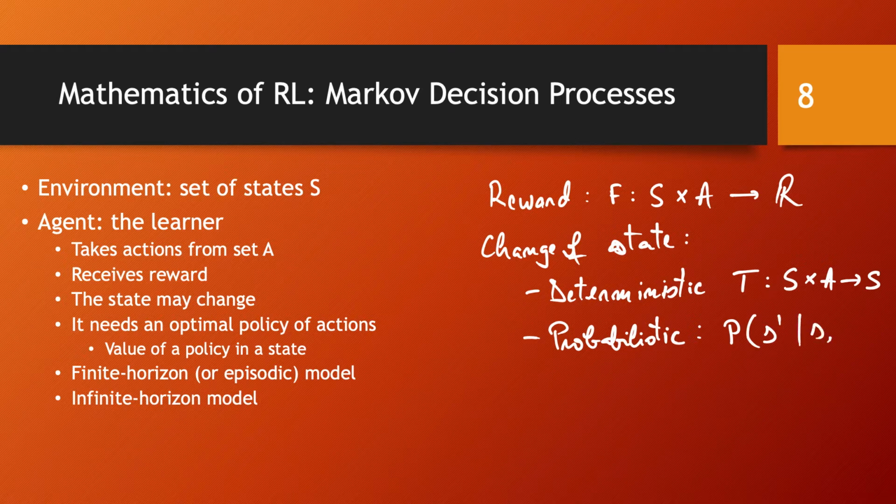So being in state S and taking action A could in principle take us to any state from S. And each state is reachable through this probability distribution function. So that's the probability specifying how likely it is to reach state S prime as a result of taking action A in state S.